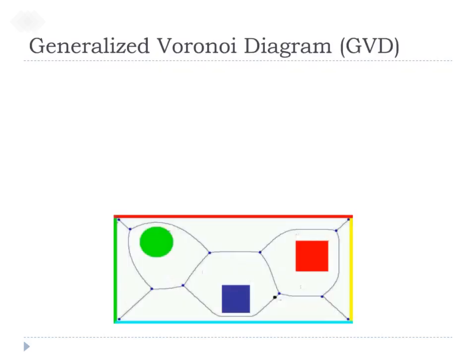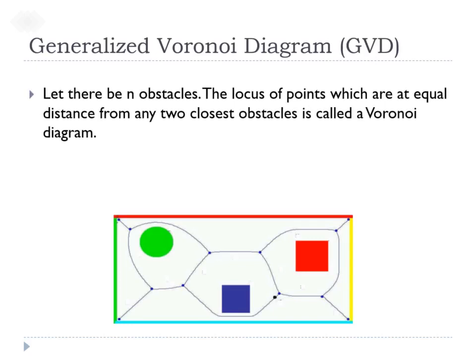Generalized Voronoi diagrams are an extended version of the Voronoi diagram where the obstacles or the locations need not be simply a point. You can have arbitrary shaped regions, as is shown here.